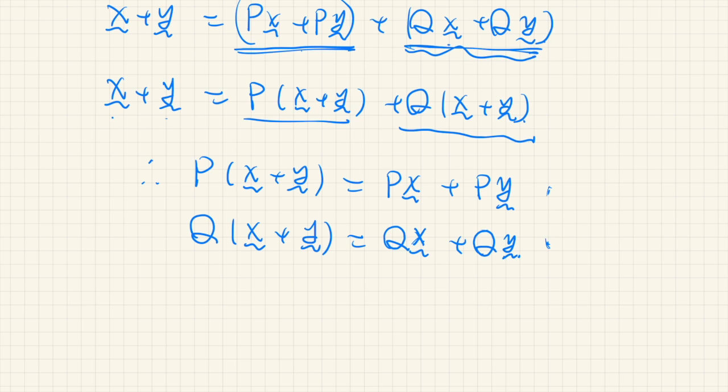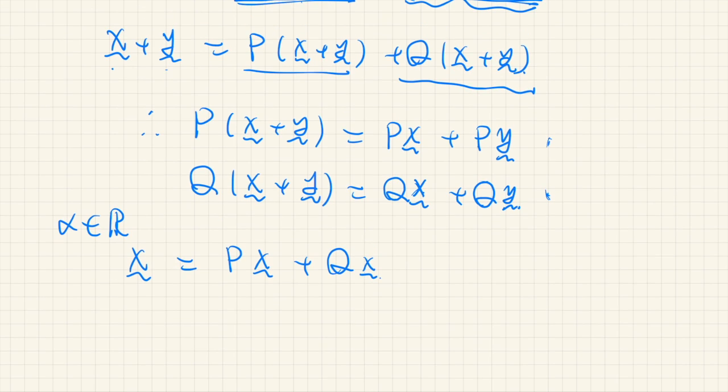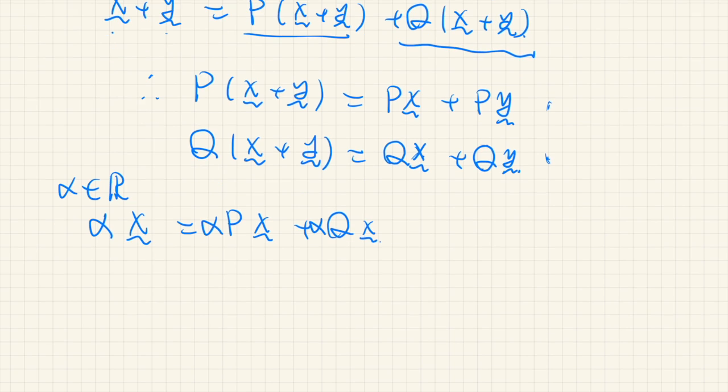And one more thing we need to show is that if we have x equals Px plus Qx, and we multiply both sides by alpha, where alpha is any real number, we have alpha, alpha, alpha. Okay, on the other hand, we should have the decomposition of alpha x.